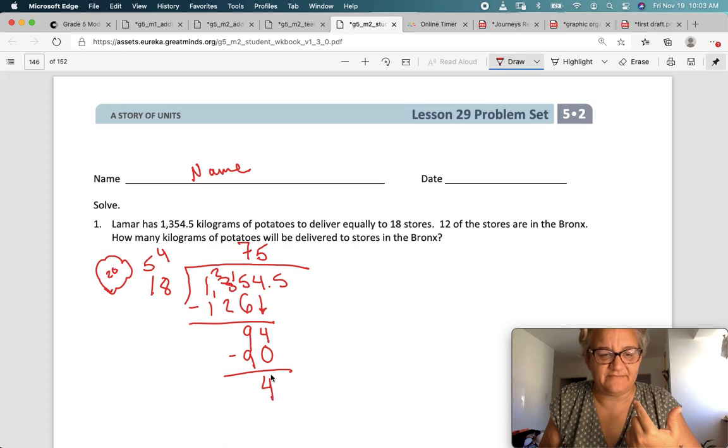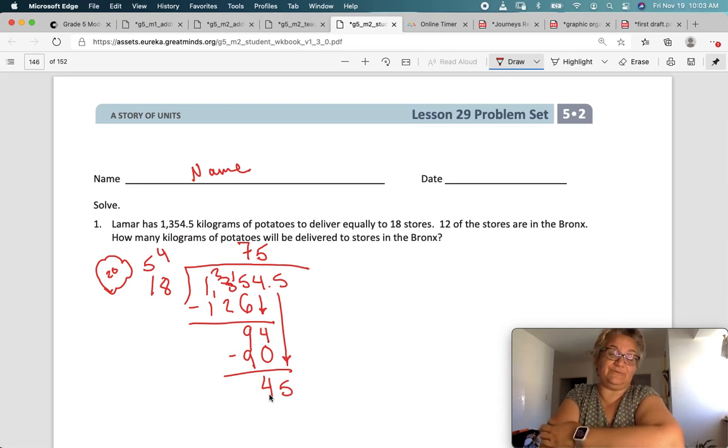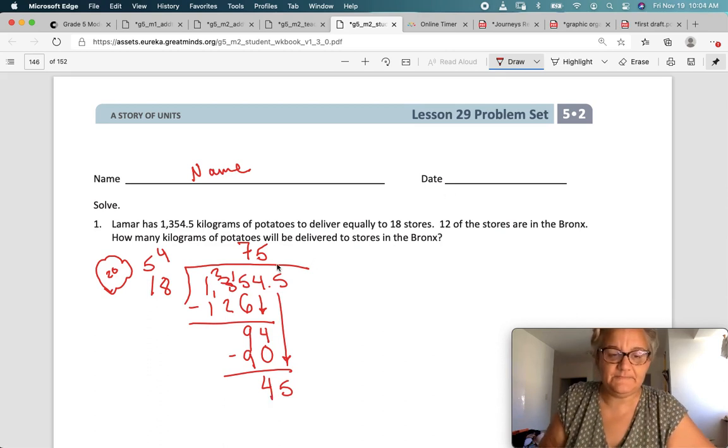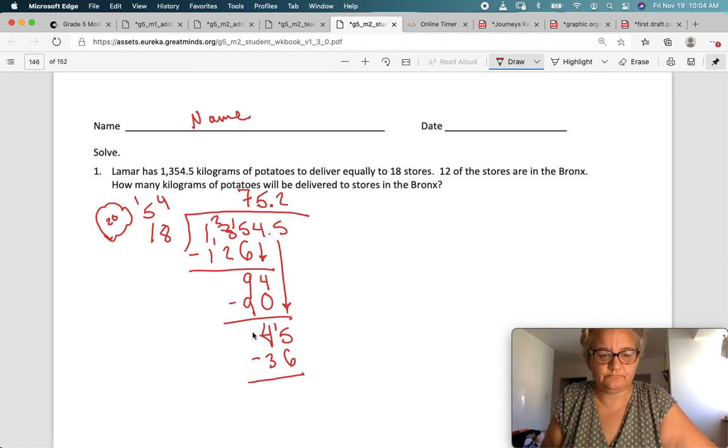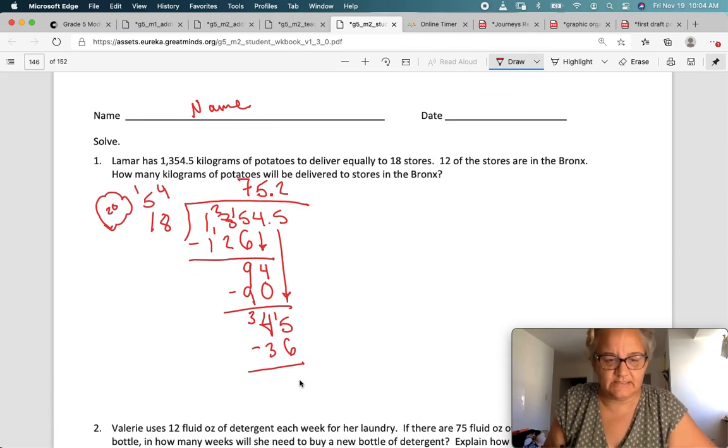Bring down that 5 tenths. Now we have 45 tenths. 18 into 45 is going to go twice. Okay. 2 times 18 is 16. Carry the 1 is 3. That goes 9 times. And then I'm going to bring down this 0.